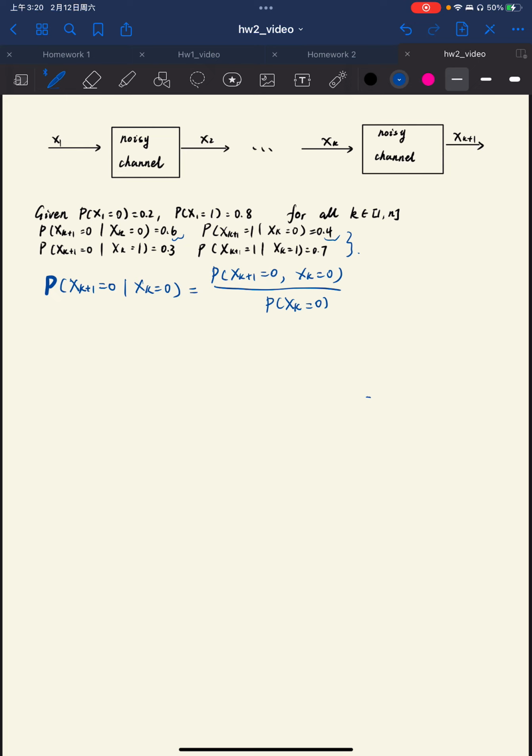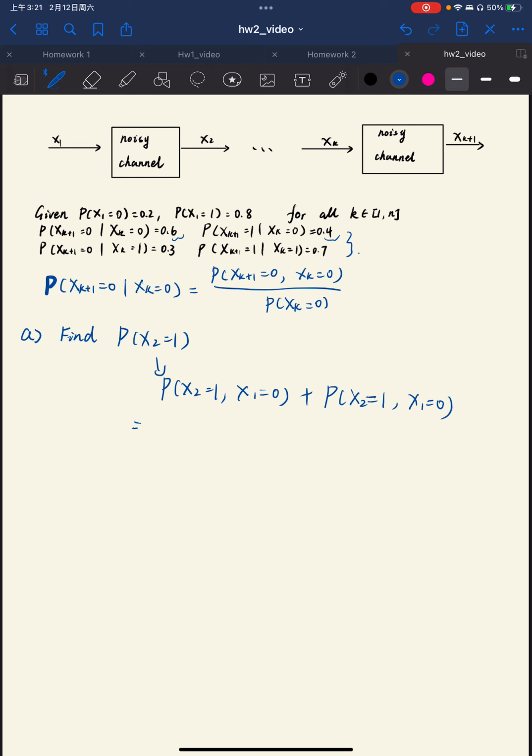So let's start with our problem. For the first one, find the probability of x2 equals 1. For this one, we can divide it into two intersections. One is x2 equals 1 with x1 equals 0, plus the probability of the intersection of x2 equals 1 with x1 equals 1.